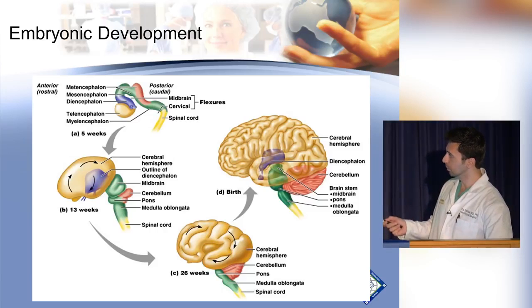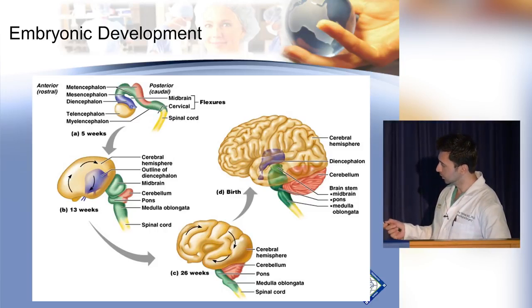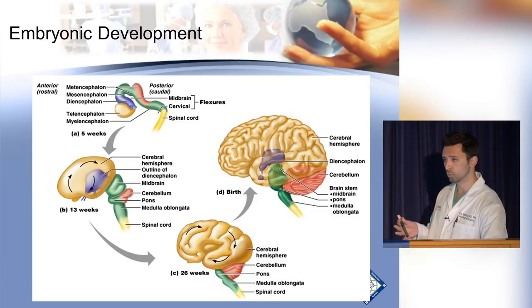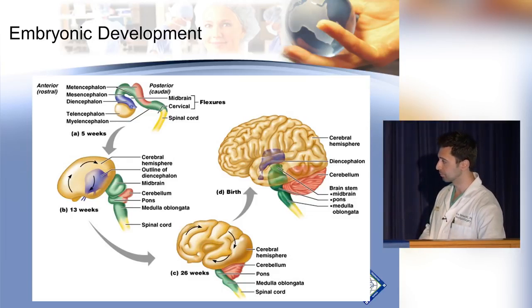Just as a reminder, the brain obviously is a very complex organ, and it develops from a rather simple tube into this very complicated structure with many gyri and sulci and a very complex folding pattern that results in the anatomy that we look at.